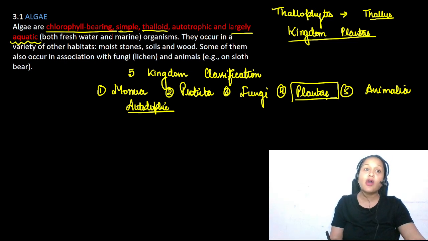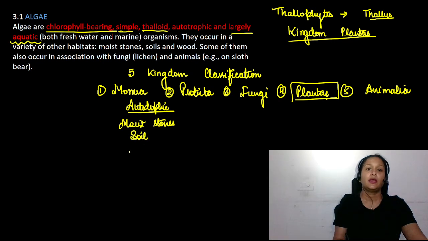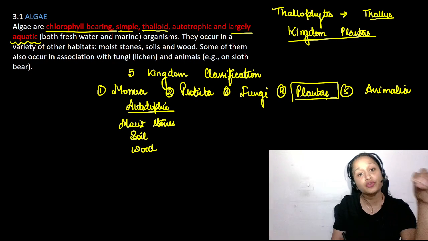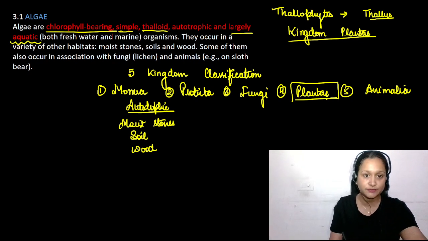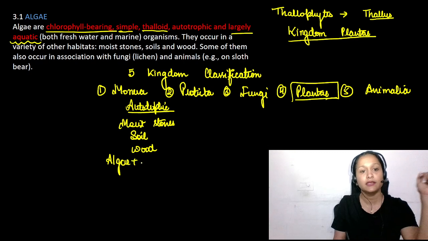Of course, they are found in other habitats as well, like on moist stones, in soil, on wood, and even in association with other organisms. You know about the association of algae and fungi, where algae and fungi are living together.